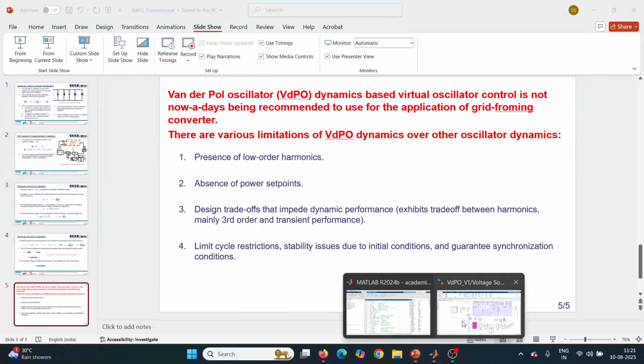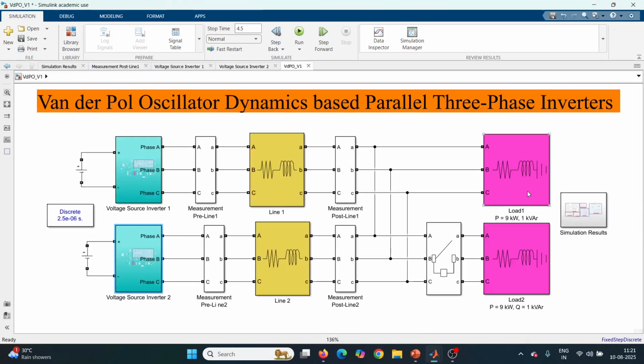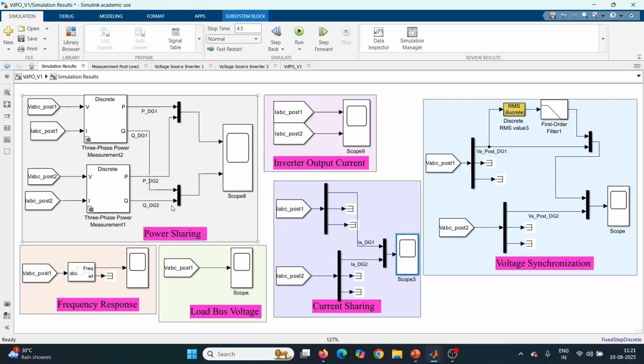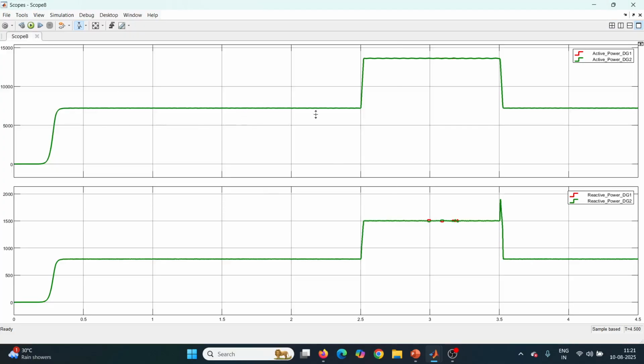Now let us see the simulation results. First we will see the power sharing simulation results. We can see the power coming from the two converters is identical, because we have set identical parameters, so you can see both powers are overlapped with each other.